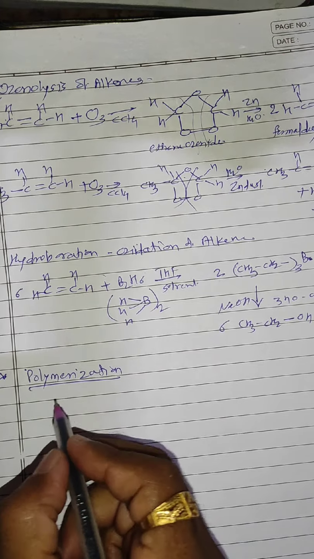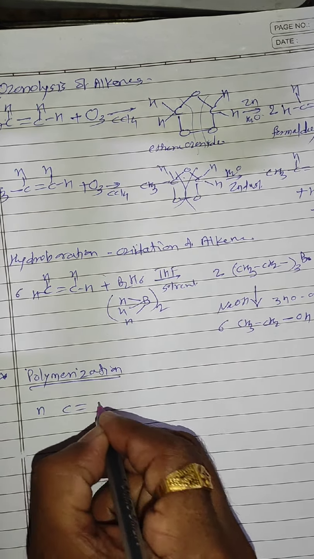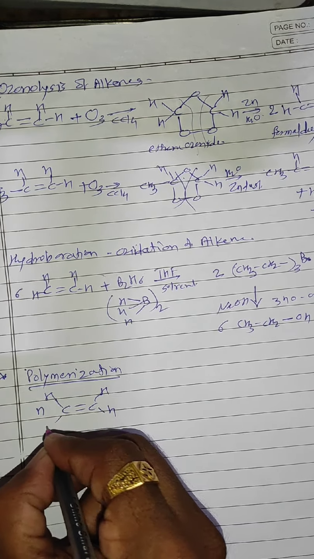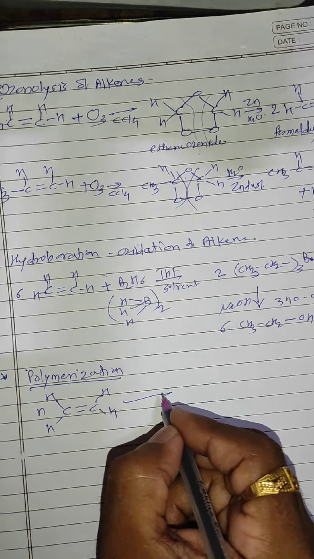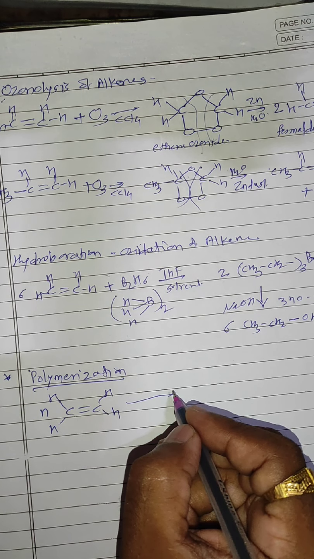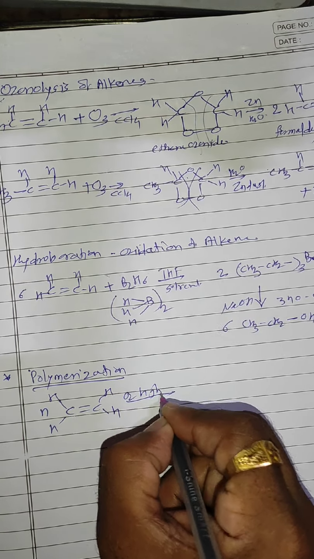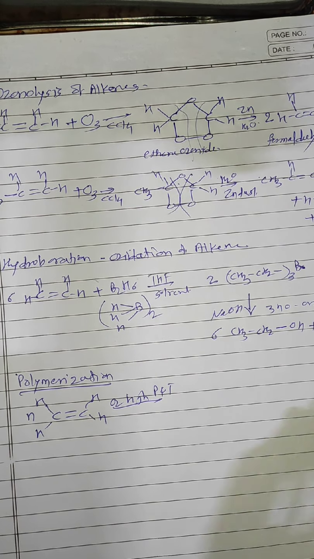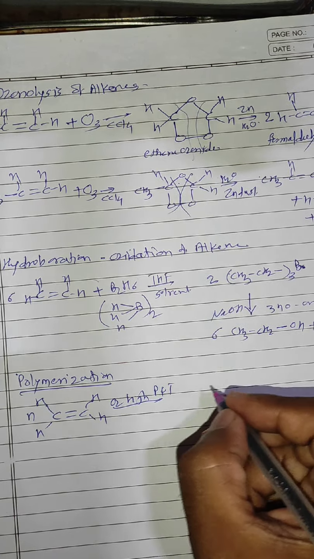By the process of polymerization, n number of CH2=CH2 are treated in the presence of oxygen, O2, with high pressure and temperature. They polymerize and give the corresponding compound.